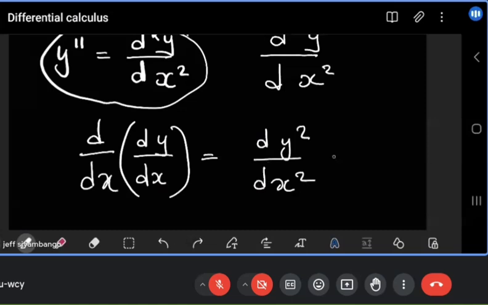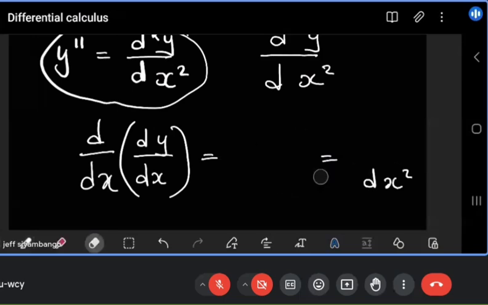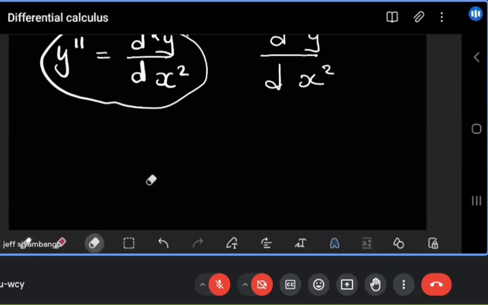Instead, I'm emphasizing that we must write the square on the d on top, and the square on the dx at the bottom. So this is the second derivative. It goes on to the third derivative, the fourth derivative, and so on.